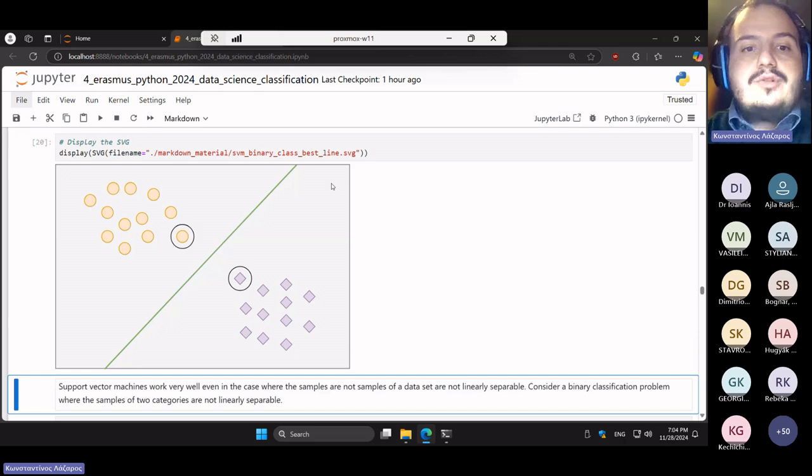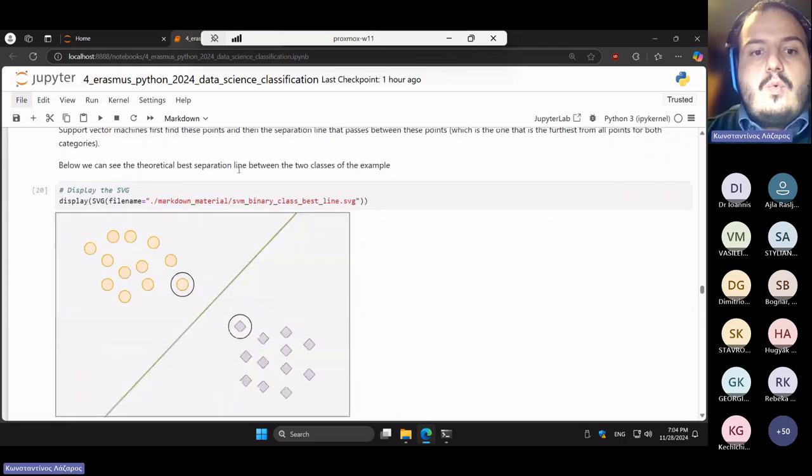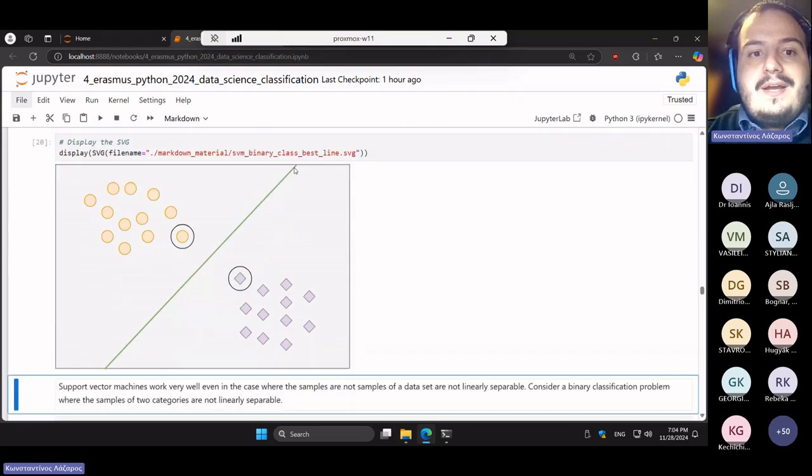But what it actually does is that it picks, out of all of these lines, the one that has the maximum amount of distance from all samples, no matter the category that we're running with. So as you can see here, in our case, this would be this green line right there. Why do we actually have these two samples from our two different categories in these black circles?